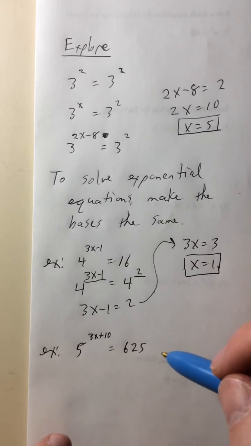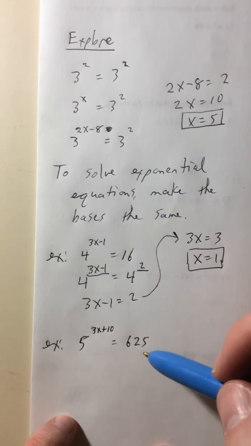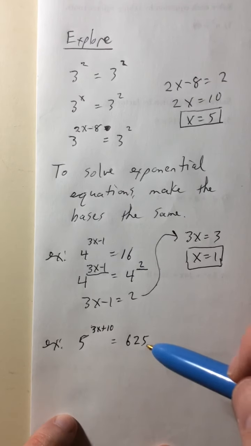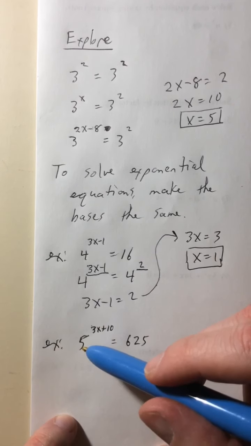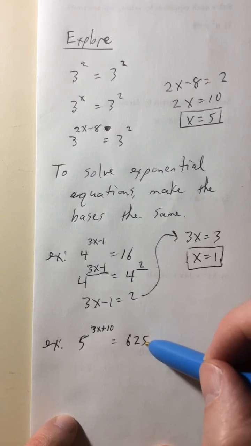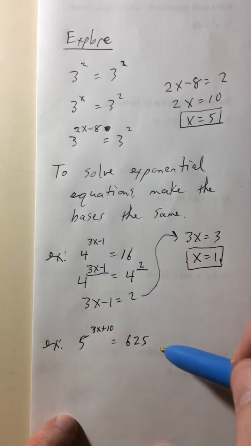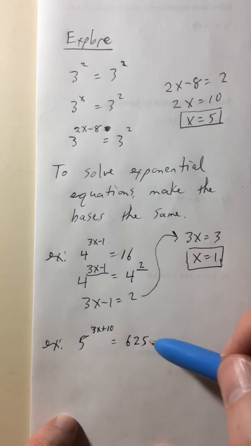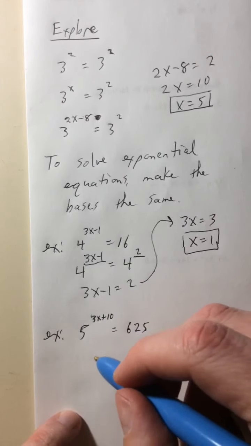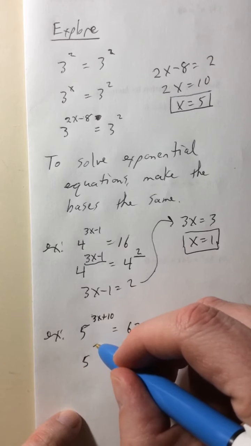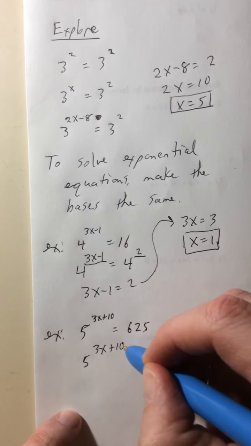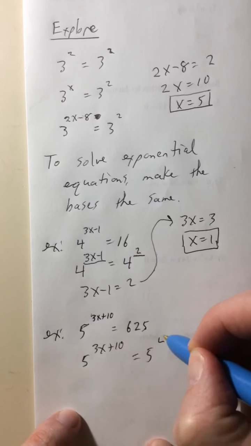Okay, so let's jump over to this one right here. Very similar sort of problem. And we see that we have 5 and we have 625. This ends in a 5, so that means that this probably has some 5 something going on here. As it turns out, 625 is 5 to the 4th power. So we have 5 to the 3x plus 10 equals 5 to the 4.